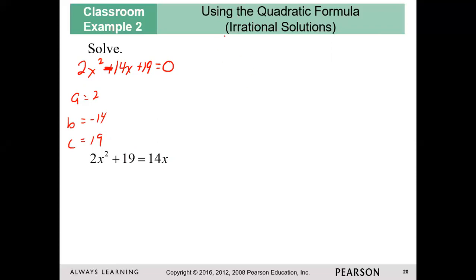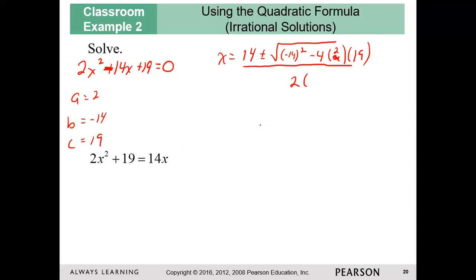All right, so let's go ahead and start to substitute. So x is equal to the opposite of b plus or minus the square root of b squared minus 4ac over 2a.